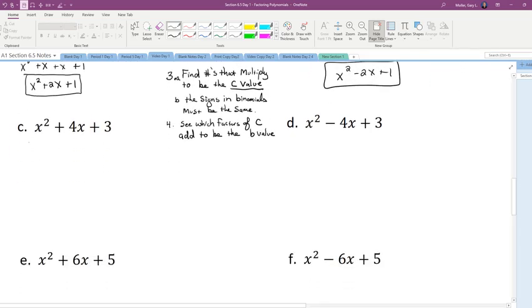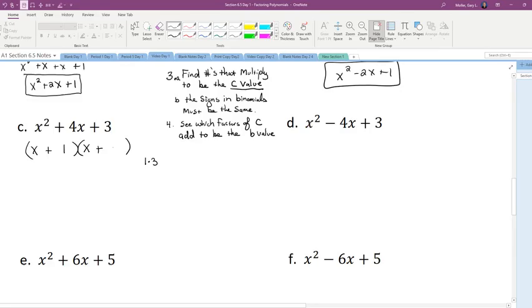Part C, assume that it works. Throw in my x values in the front. Recognize that it's a positive here, and I know that means my signs are going to be the same, and they're both going to be plus. So plus and plus. I'm looking for factors of 3 that add to be 4, and good news, we have some, 1 and 3.